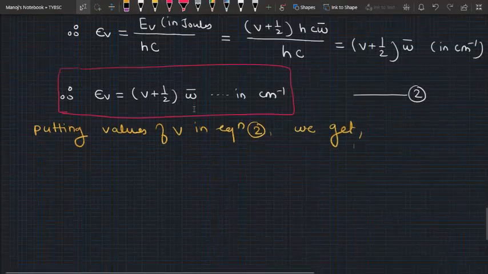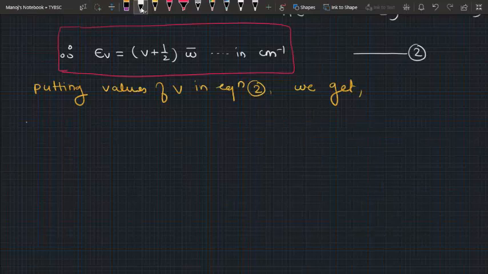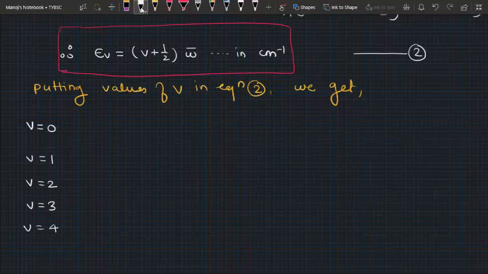What is v? v is the vibrational quantum number. Now let us calculate different values. Let's say when v is equal to 0, v equal to 1, v equal to 2, v equal to 3, v equal to 4.